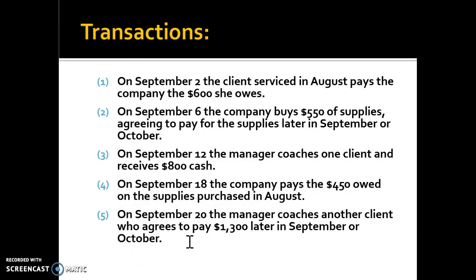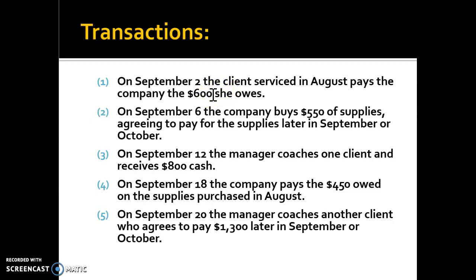In September, the firm keeps performing its duty, so there are some things that happen to our firm. We call those things that happen to our firm, in professional language, transactions. For example, on September the 2nd, the client served in August pays the company the $600 she owes. That is, in August, we served a client and we earned 600 in revenue, right?